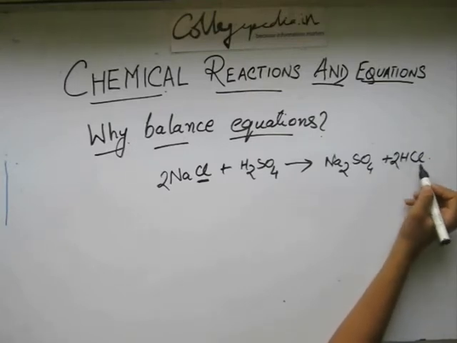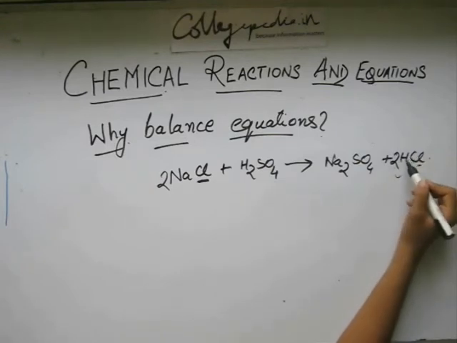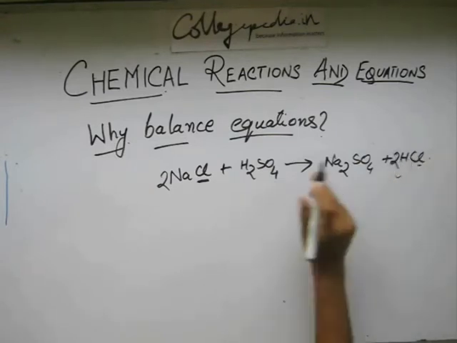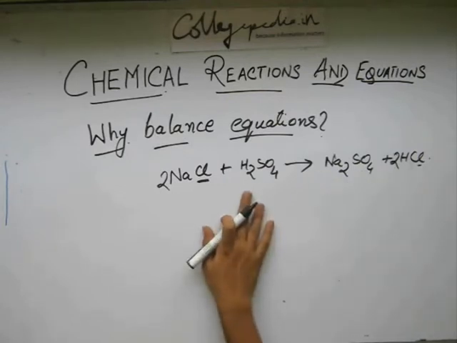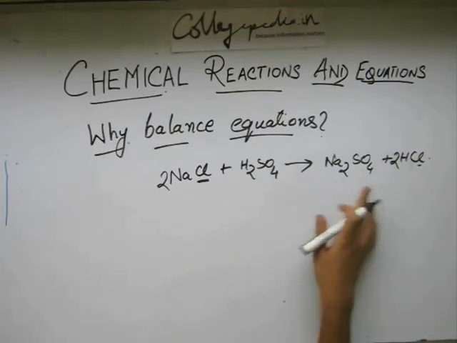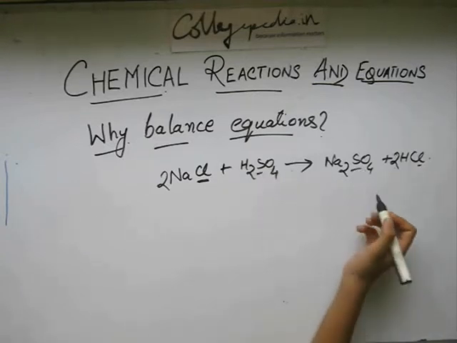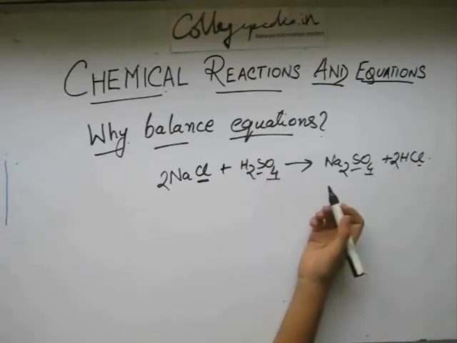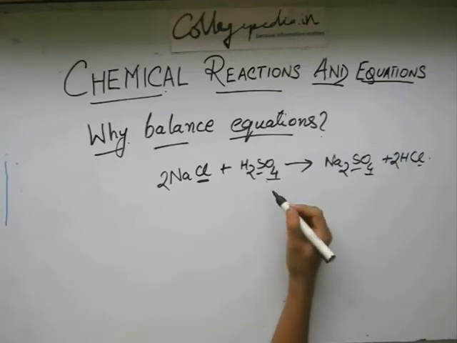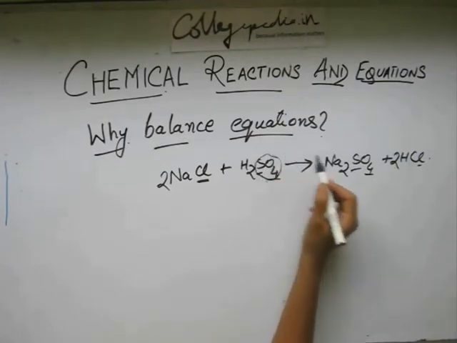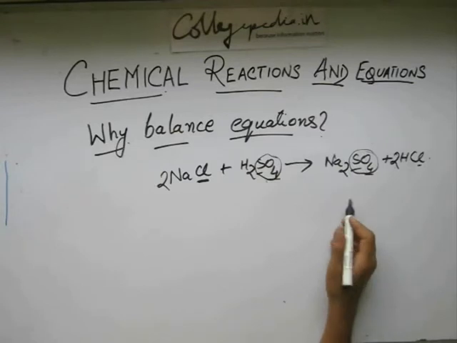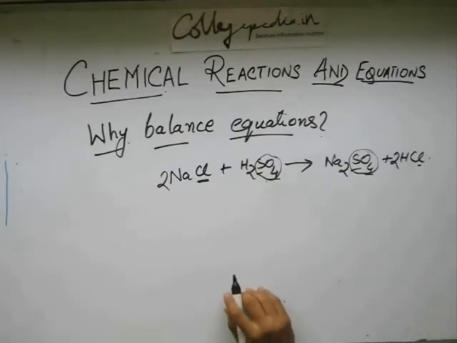Then when you're multiplying chlorine with 2, again hydrogen gets multiplied with 2, and that again gets automatically balanced. Hydrogen gets balanced. And others, sulfur is 1, sulfur is 1, oxygen is 4, oxygen is 4. So this is balanced. So now the whole reaction is balanced.